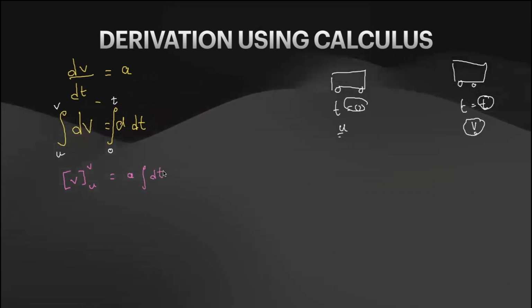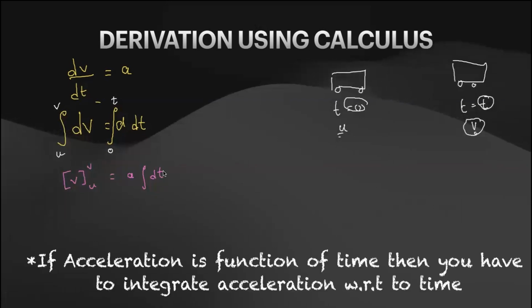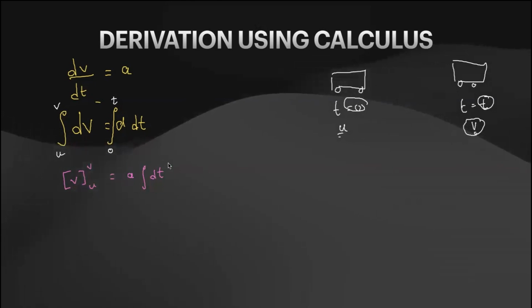Remember, all the equations of motion which we are deriving are only for objects having constant acceleration. If acceleration is not constant, then you have to go by this derivation using calculus. That is why this derivation using calculus is very, very important. Now, integral dt.